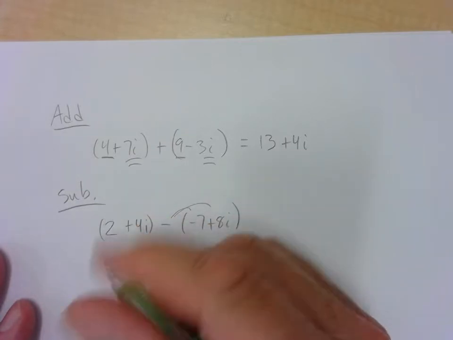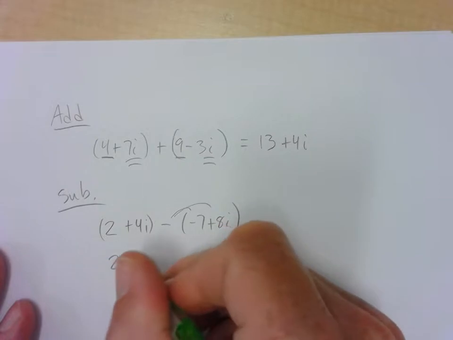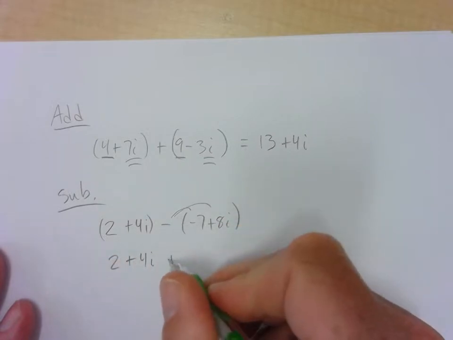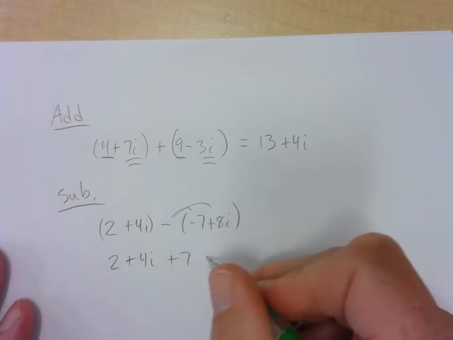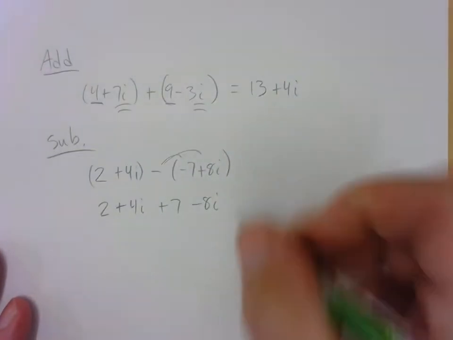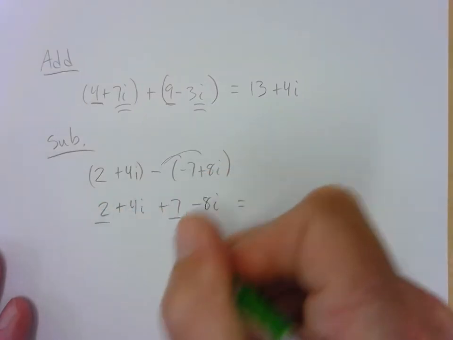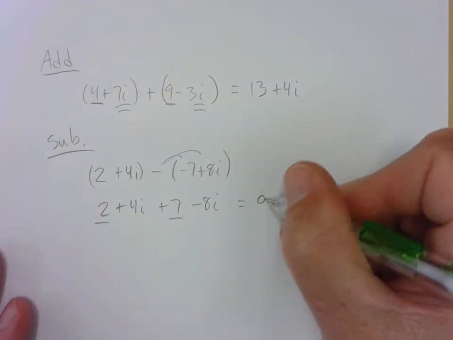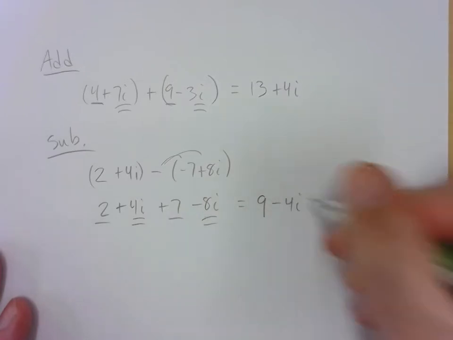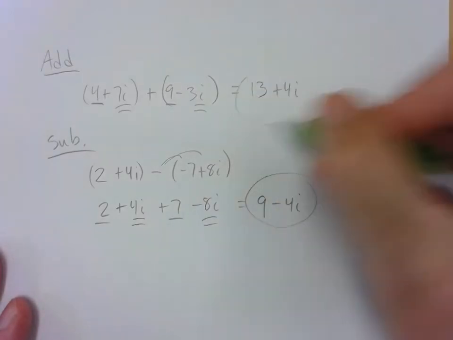So I'm going to rewrite this again. Drop the parentheses here, 2 plus 4i, and then a negative negative would be plus 7, and a negative positive would be minus 8i. Now I collect my like terms like I did before. So this and this go together, making 9, and this and this go together, making negative 4i. So there's my answer.